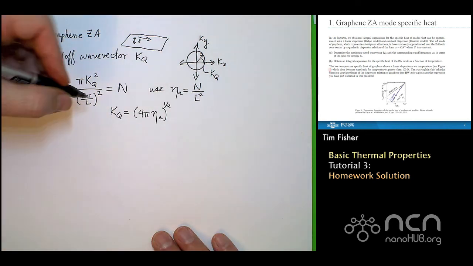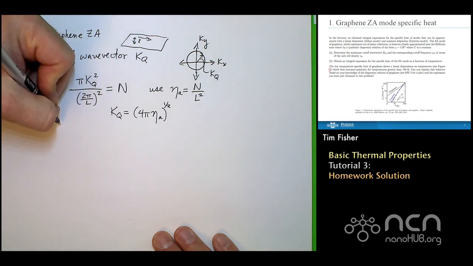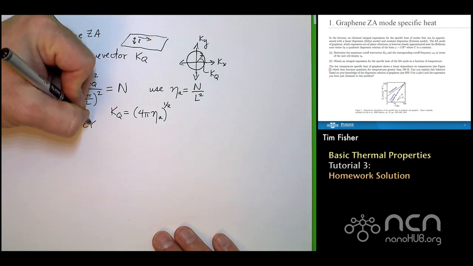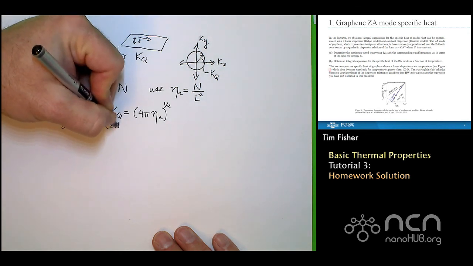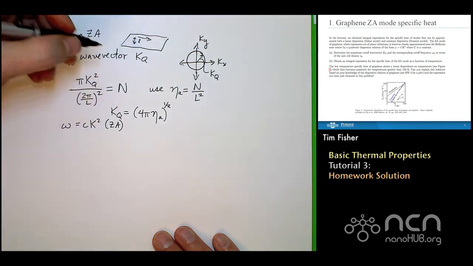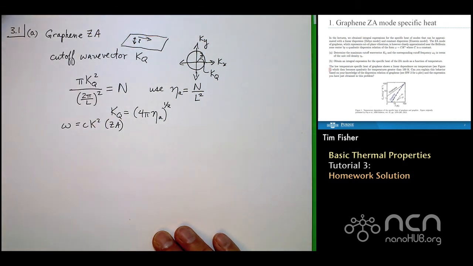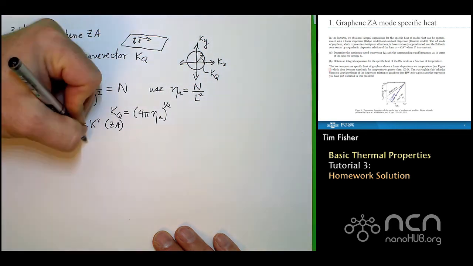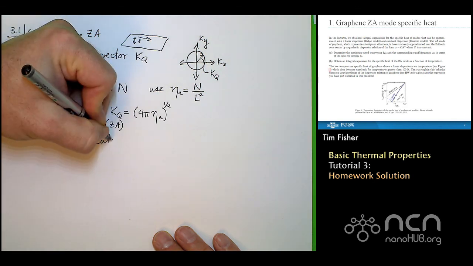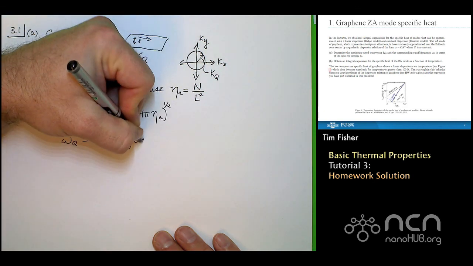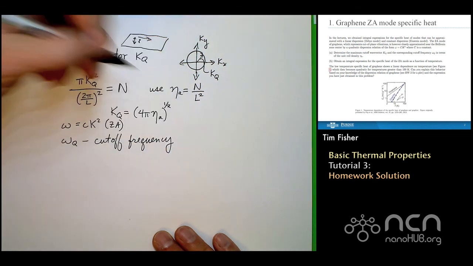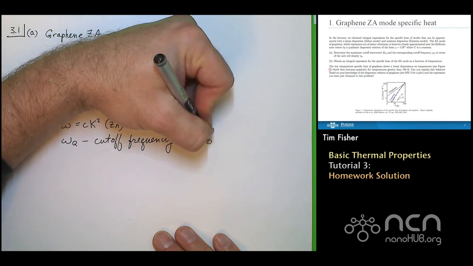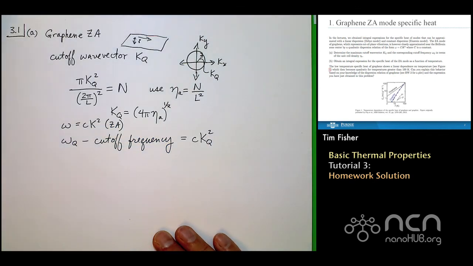The uniqueness comes in now when we start to say, well, this is a quadratic dispersion, so omega equals a constant times k squared. This is for that ZA mode specifically. And what we find, if we now want to define a cutoff frequency, so we'll say that omega sub Q is a cutoff frequency, this will equal the constant times that maximum wave vector that we calculated before.